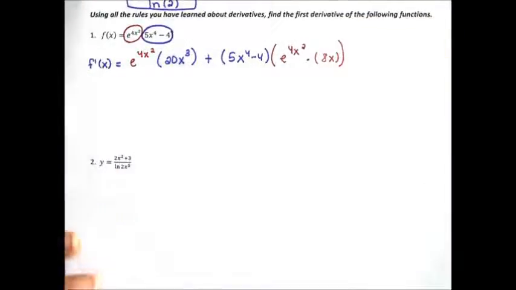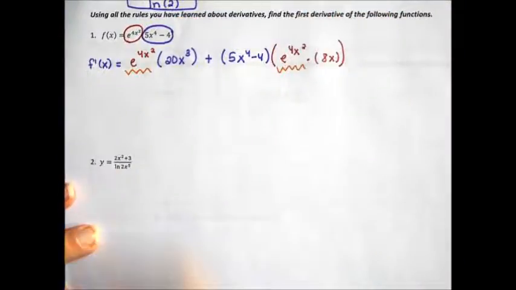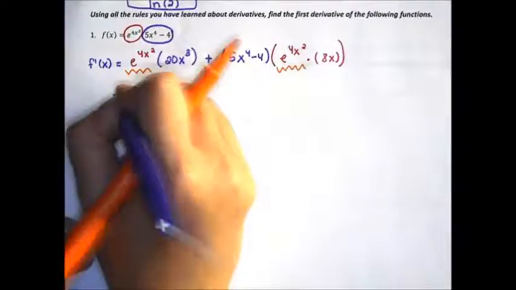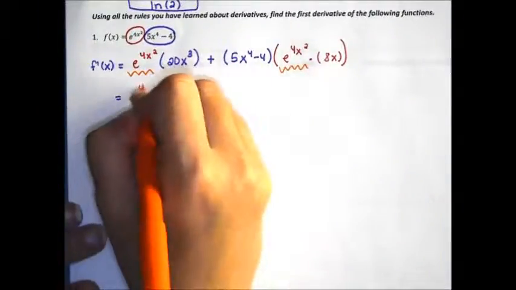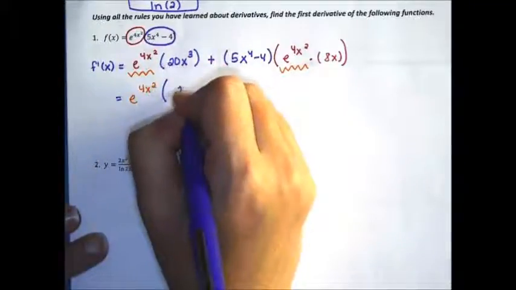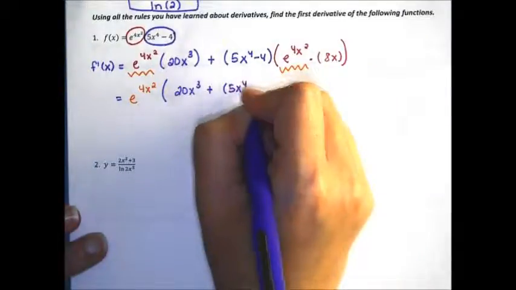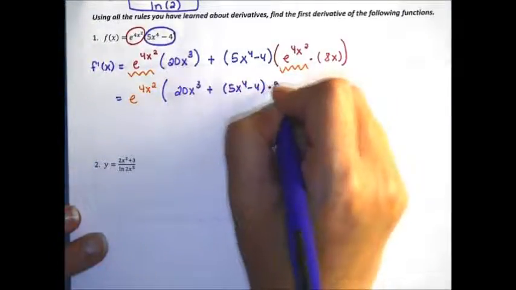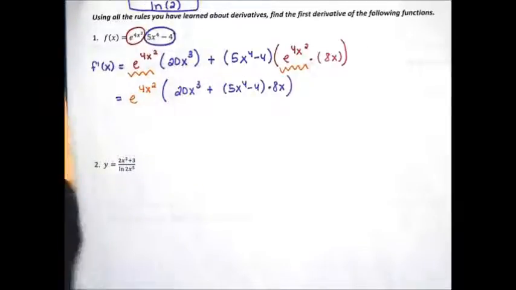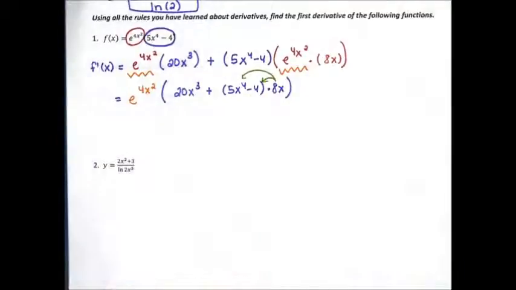is 8x. Now, if you think way back to when we were learning to simplify really complicated derivatives, we said, since this guy has an e to the 4x squared and this guy has an e to the 4x squared, we can factor that out. Now, what's left would be 20x to the third plus 5x to the fourth minus 4 times 8x. So to simplify this, I'm going to distribute the 8x.